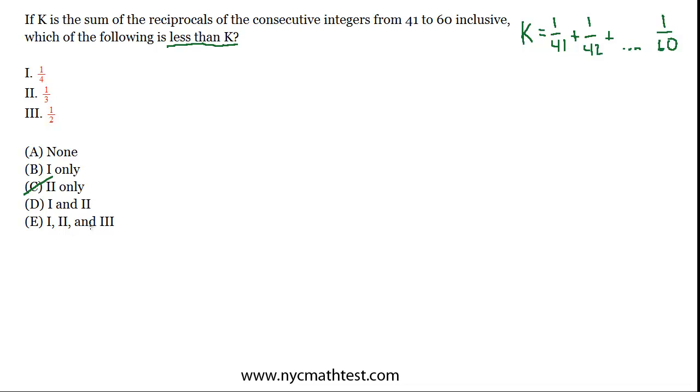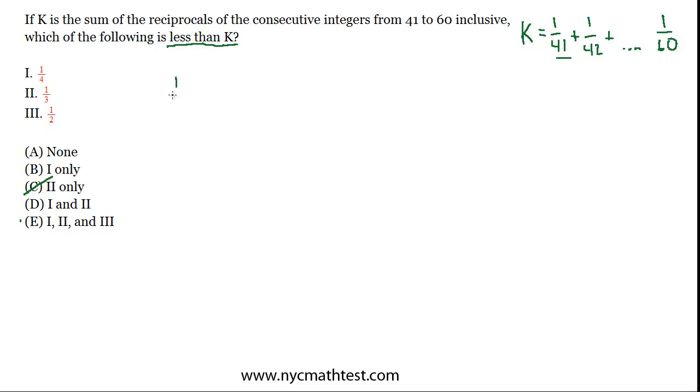Anyway, let's actually sharpen our pencils and see what we can figure out based on this sum. So I'd like to consider the extremes. What's the biggest k could be? Is it possible that k could be bigger than all these and that E could be the best answer choice? Well, let's imagine that instead of having this variety of terms, they were all as big as the biggest term. So the biggest term is 1 over 41, and there are 20 terms going from 41 to 60.